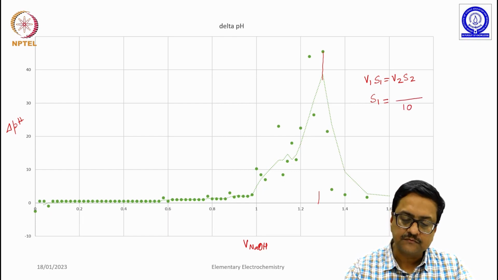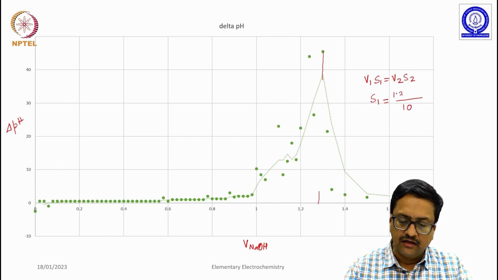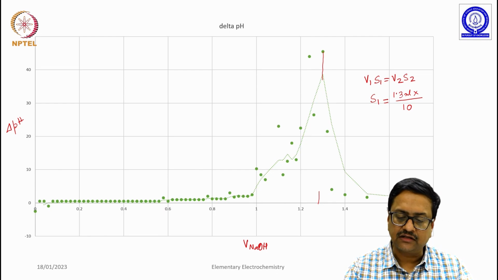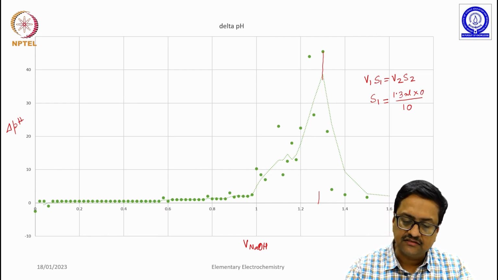The volume of NaOH used is 1.3 ml, and the concentration of NaOH that was observed is 0.0919 normality.